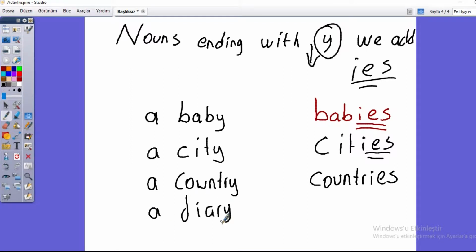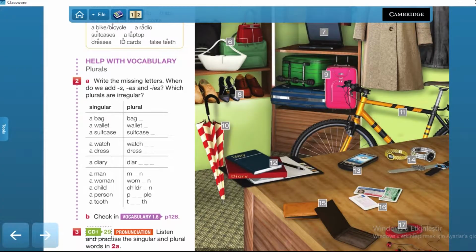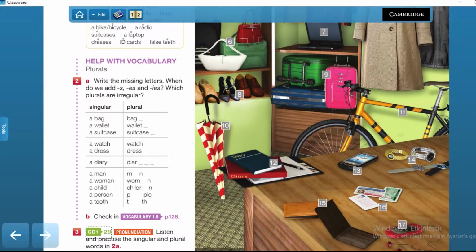And the plural form here, diaries. So, as you see, for nouns ending with y, the y drops and we add ies to make plural forms.